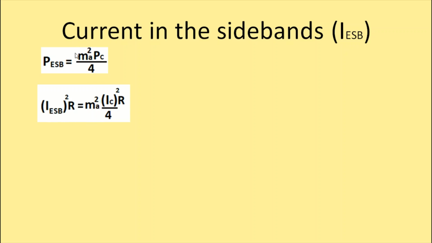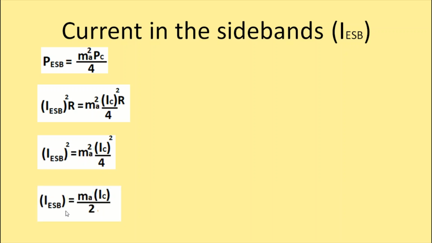Coming to this side, I have MA square by 4, and PC I am replacing as IC square into R. Both the R's on either side get cancelled, giving me the equation IESB square is equal to MA square into IC square by 4. So from this I get IESB as equal to MA IC by 2. So this is the expression for the current in each of the sidebands. Another equation which is very important from your numericals point of view.